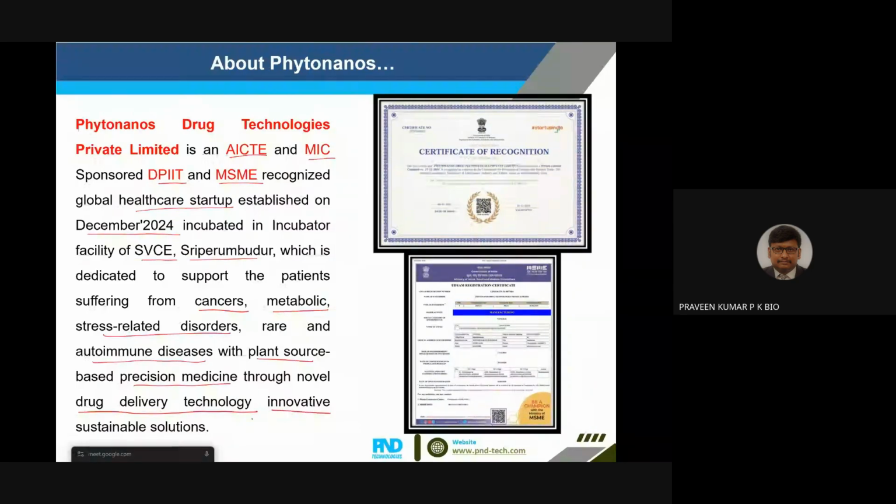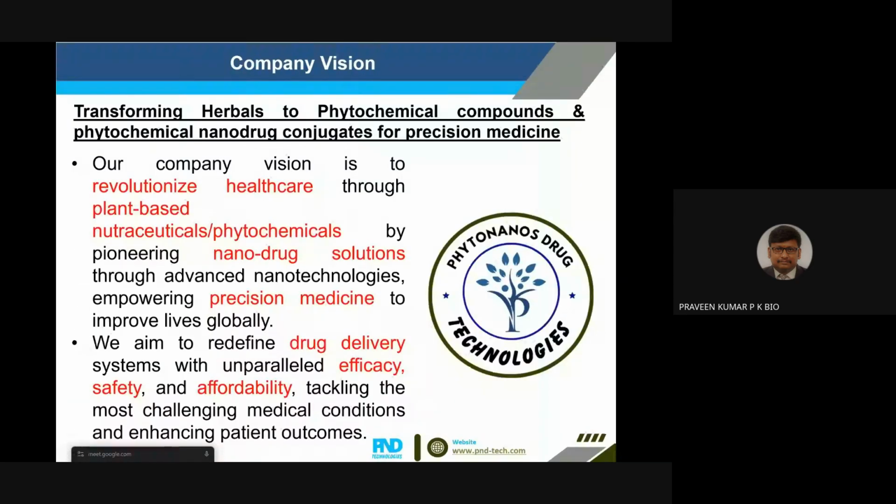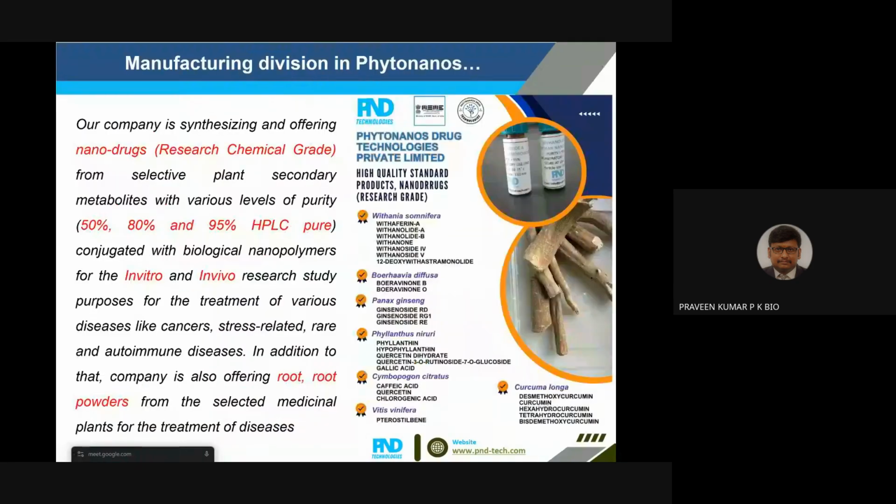Our objective is to bring innovative, sustainable solutions, and this is a sponsored startup, as I earlier mentioned, by AICTE and MIC. Our company vision is to revolutionize healthcare through plant-based nutraceuticals and phytochemicals, by pioneering nanodrug solutions through advanced nanotechnologies, empowering precision medicine. Other than that, we are also focusing on mitochondrial drug delivery technologies and the manufacturing division in Phyto Nanos.